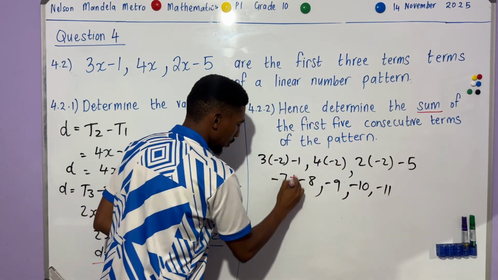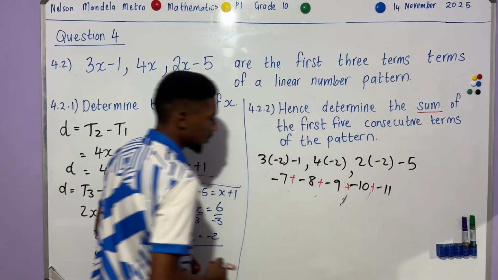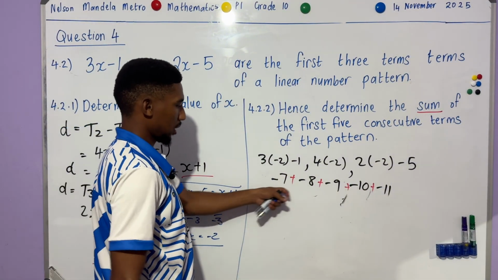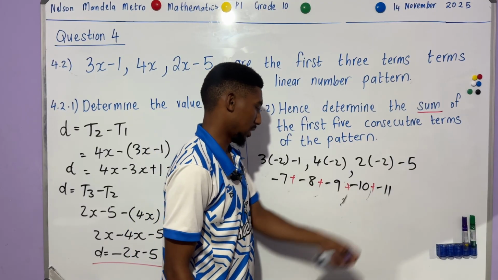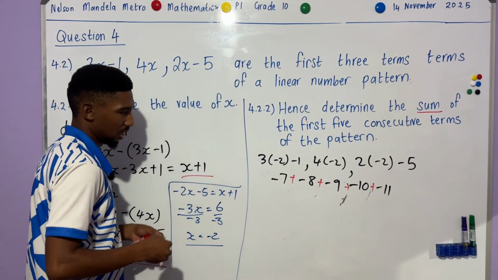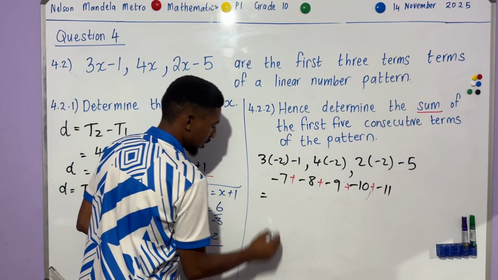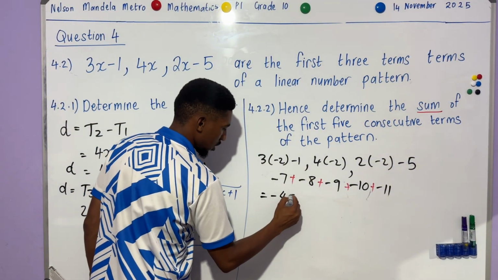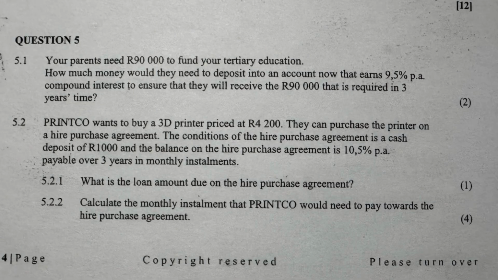So, I have to add all these terms there, minus 7 plus minus 8 plus minus 9 plus minus 10 plus minus 11. You can save time. Try not to do this in your head in the exam. Quickly type that in the calculator. And minus 45.